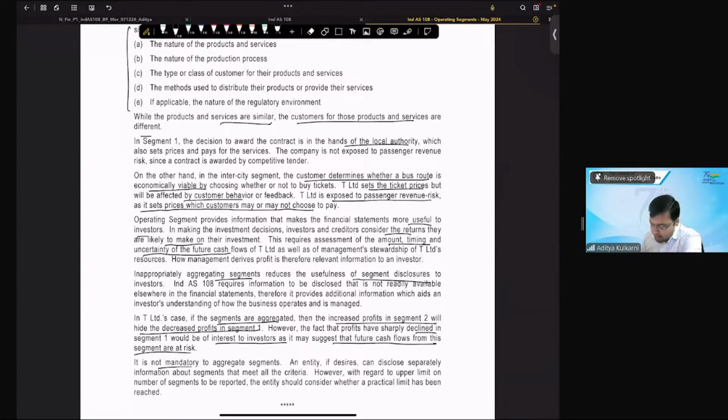It is not mandatory to aggregate segments. An entity, if it desires, can disclose separately information about segments that meet all the criteria. However, with regard to the upper limit on the number of segments to be reported, the entity should consider whether a practical limit has been reached.